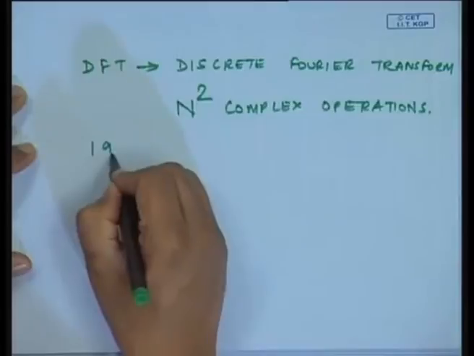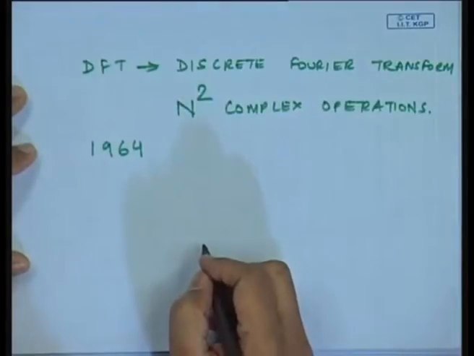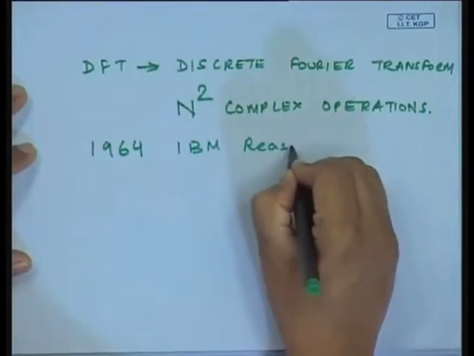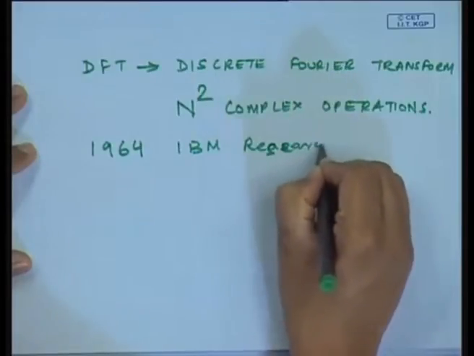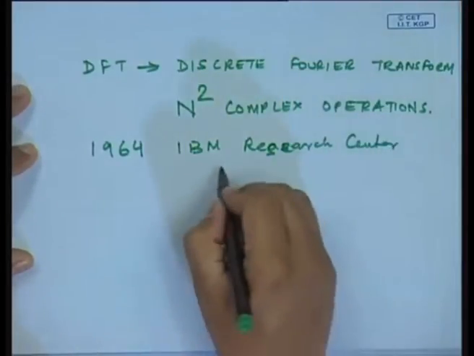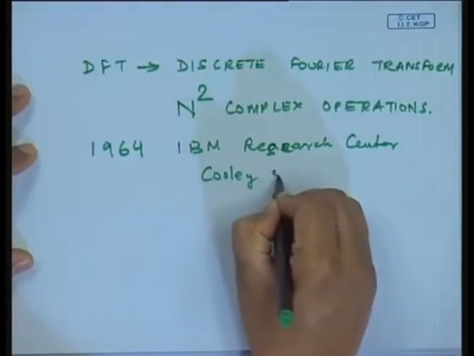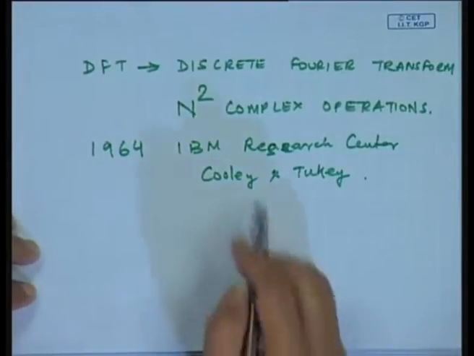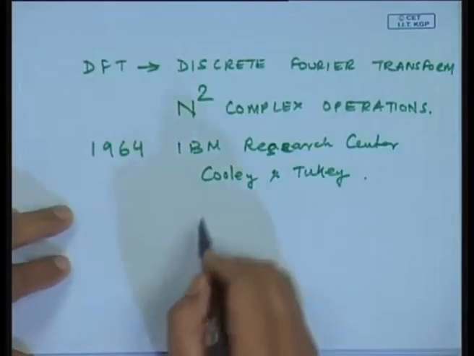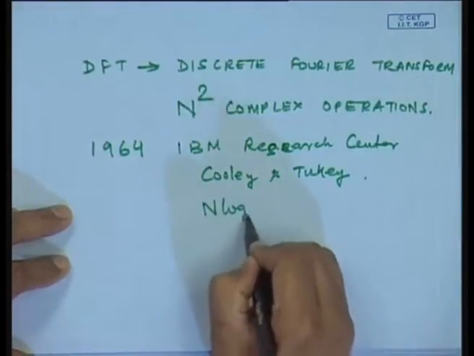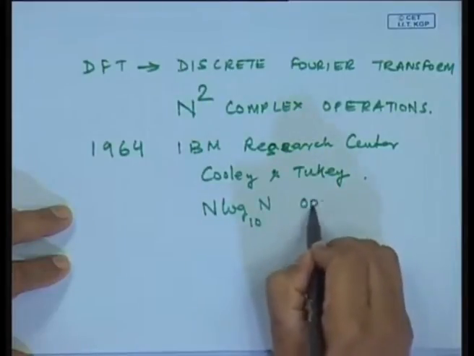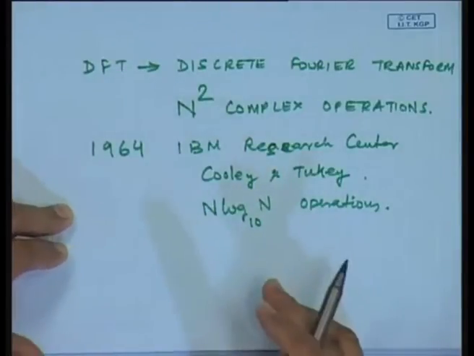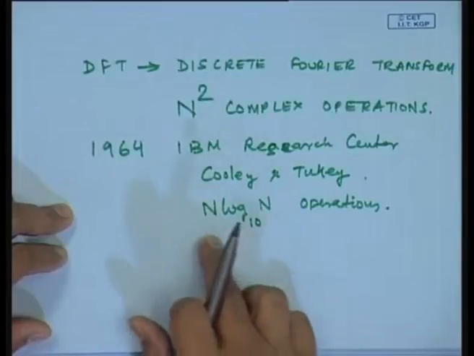Actually in 1964, two gentlemen working at the IBM research center in New York, Cooley and Tukey, came up with an algorithm wherein it was not N square complex operations, but N log to the base 10 of N operations to do the DFT. And in those days, computation was very expensive.